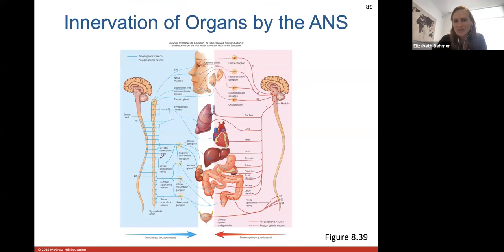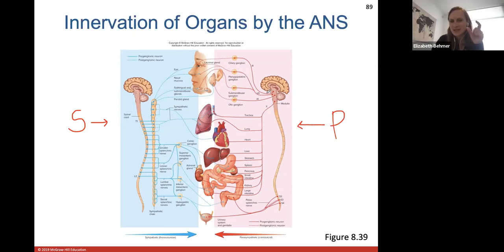So this is a good review of looking at the parasympathetic and the sympathetic division. On the left in blue, this is your sympathetic division of the autonomic nervous system. And you can see how the spinal nerves come off between T1 and L2, and the ganglia where they synapse is called the sympathetic trunk. And then this is the parasympathetic division in pink on the right.